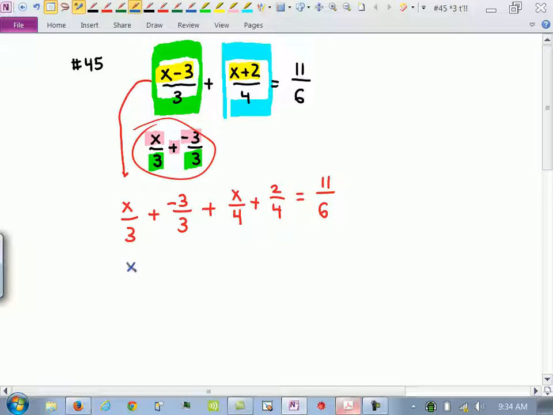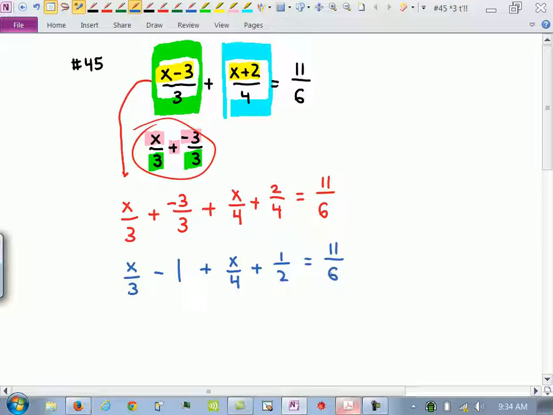I have my x over 3. Nothing changes there. This is going to turn to a minus 1 because I'm adding a negative 1, same as subtraction, plus x over 4 plus 1 over 2 equals 11/6. Okay, that's the way I've chosen to do this problem, by splitting each of those fractions up into two fractions each, and then now cleaning it up.